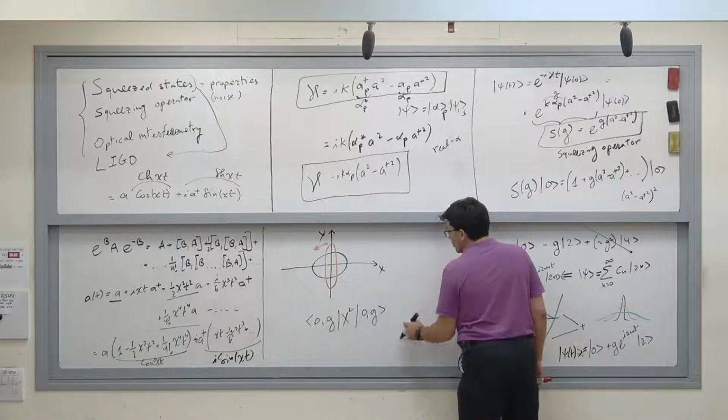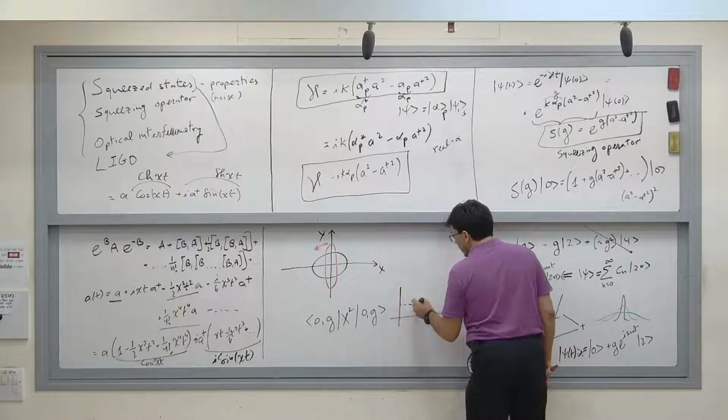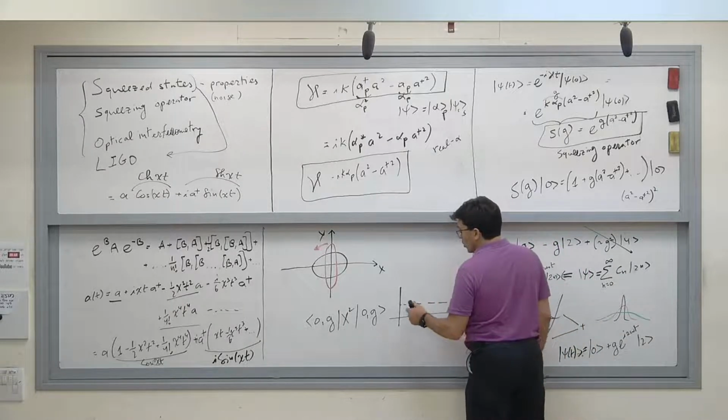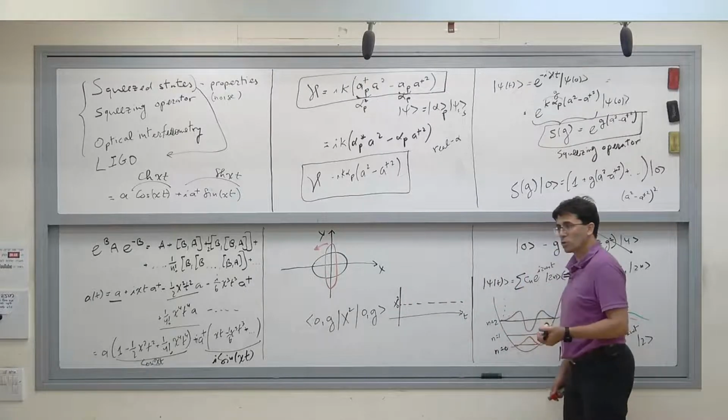Let me just draw it. You know what? It will do this. If this is the level, this is time, and this is what we would call x0 squared, that's what the vacuum would do.